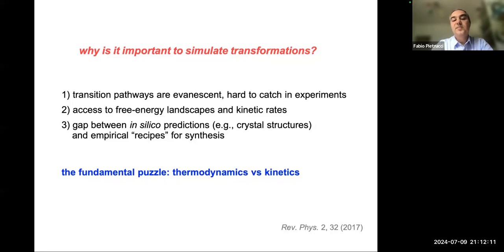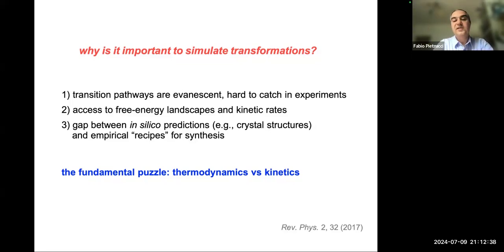Then another possible reason today, which I think is important, is that we have wonderful methods for in silico predictions. We can predict, for example, crystal structures. I think you had previous webinars organized by people that really are pioneers in this field and that provided new methods like USPEX or ARSS and so on, where we are able to predict a lot of interesting structures.